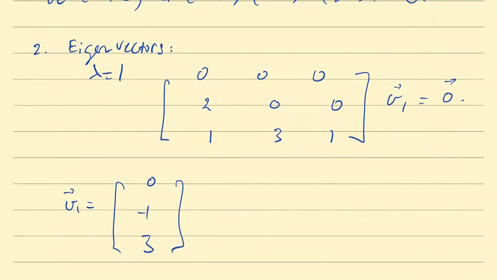Because the second equation says the first coordinate must be 0, and so that cancels out. For this and this, you just have to guess, so minus 1 and 3 will be it. But of course, another one would be something like 0, minus 2, and 6, for example. Any question here?